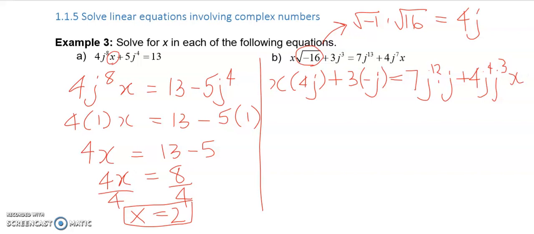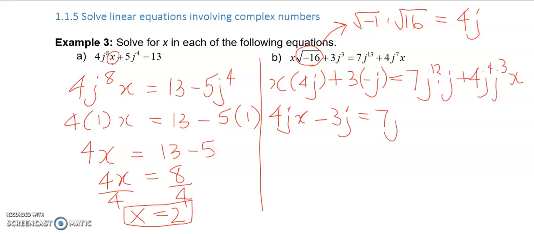Now notice this time you have 2 x's in this equation. You're going to have to get those together on one side. So we're going to have x times 4j, which is 4jx, plus, whoops, sorry, not plus, it's going to become a minus, isn't it? That's going to become a minus 3j equals, and on the right side, j to the power of 12, that's 1.